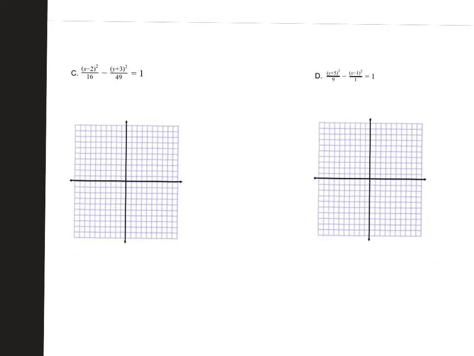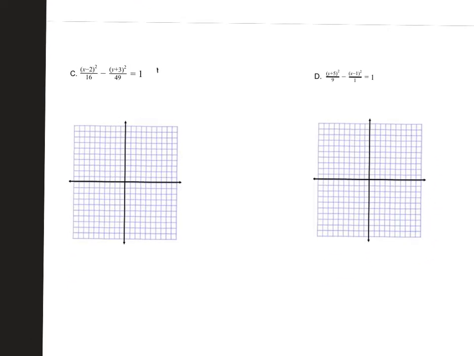All right, so letter C, this one is horizontal because your x comes first. Your center is going to be at 2, comma, negative 3. Let's go ahead and get that cheat sheet out for our vertices that we did on the first page. I'm going to flip my book over here. So for my vertices, my a is going to be 4, my b is going to be 7.